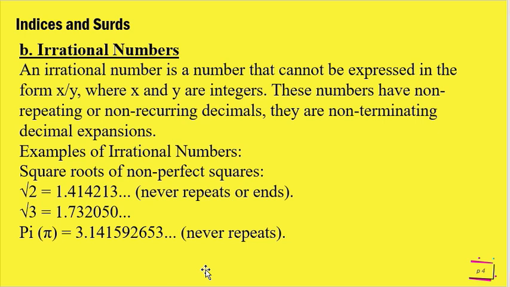An irrational number is a number that cannot be represented or expressed in the form x over y, so it cannot be put as a fraction where x and y are integers. These numbers have non-repeating or non-recurring decimals.